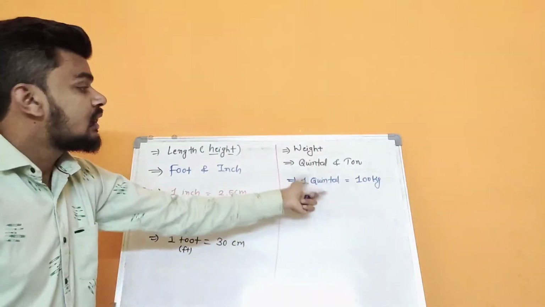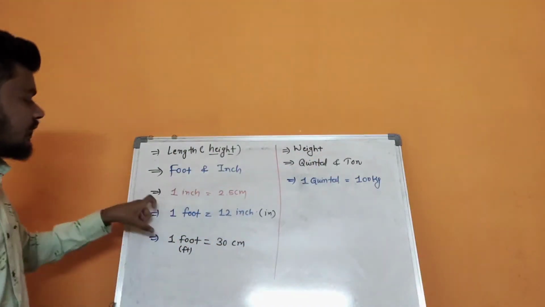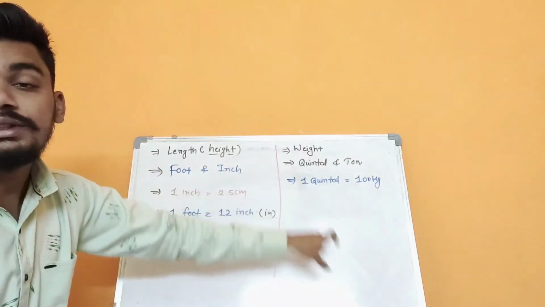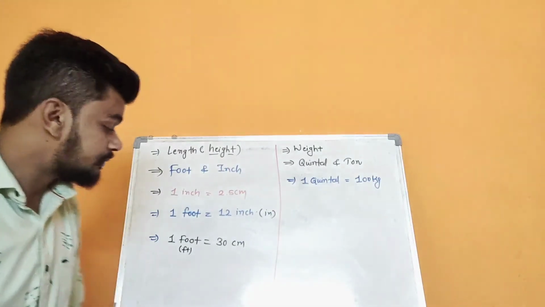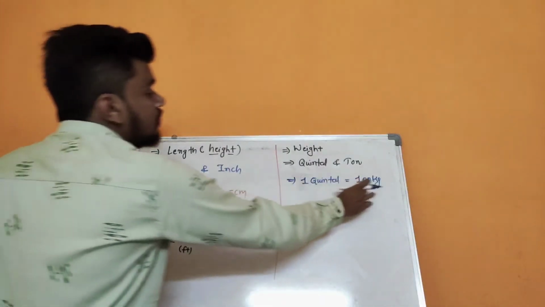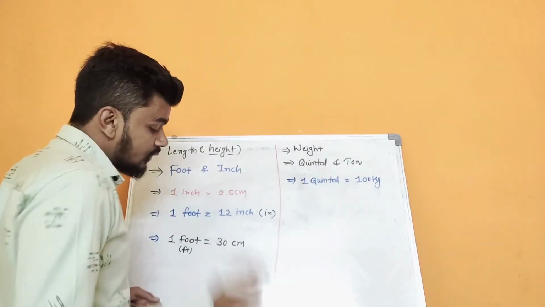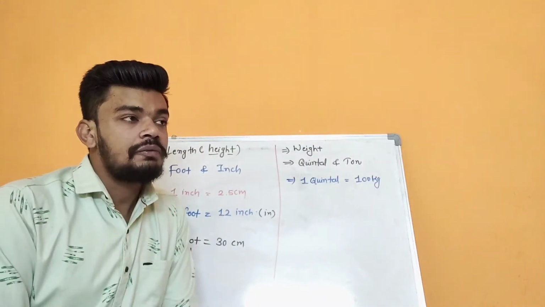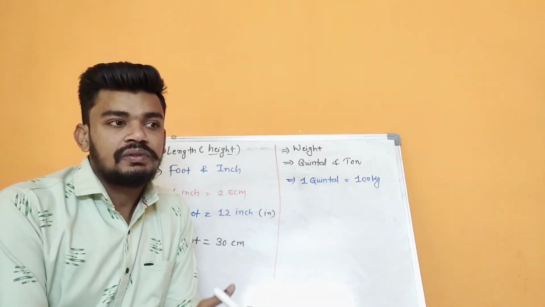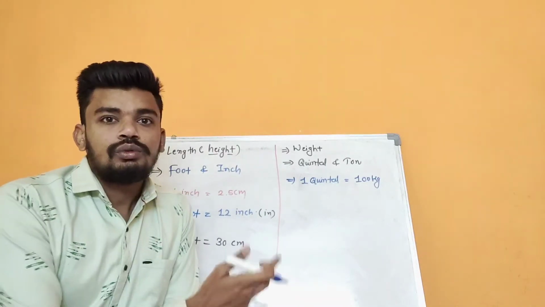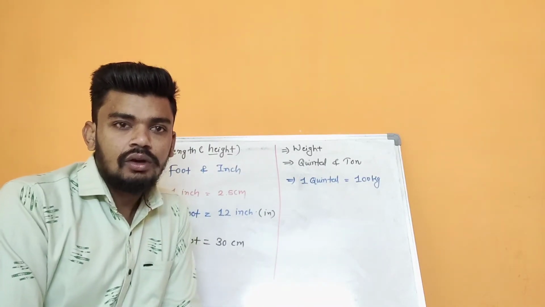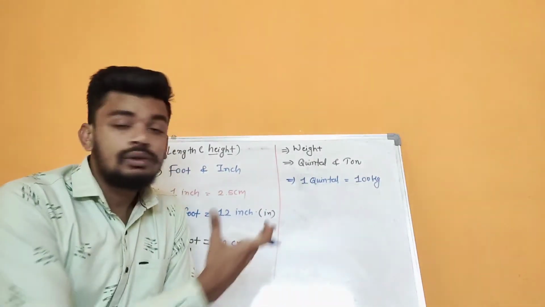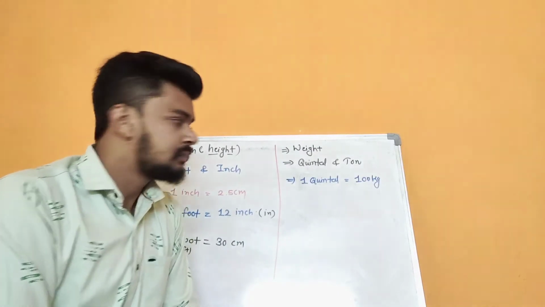The ones we saw earlier were smaller units, but this one is a bigger unit than the kg. So 1 quintal is equal to 100 kg. We use quintal regularly if we want to purchase things, just like if you want to buy wheat or anything like that, we will use this word quintal.